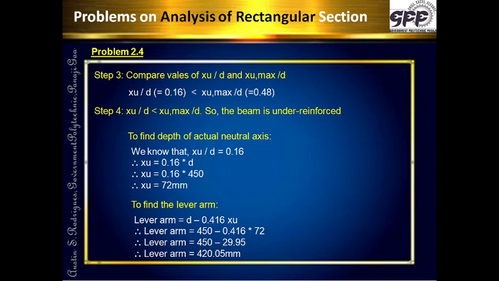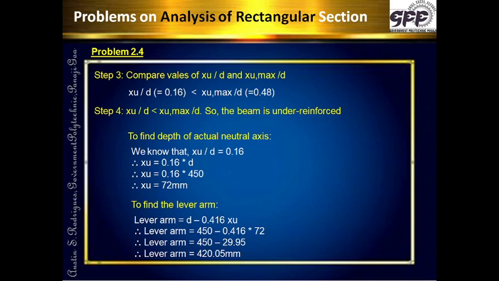Let me explain why. In the case of under reinforced and balanced sections, we can use this equation to get the depth of the actual neutral axis. But if the beam is over reinforced, then the value obtained from here would be less. That's why we should not use equation G1.1a to find the value of XU.